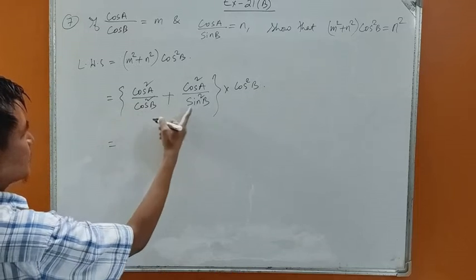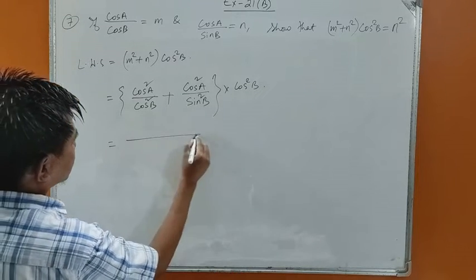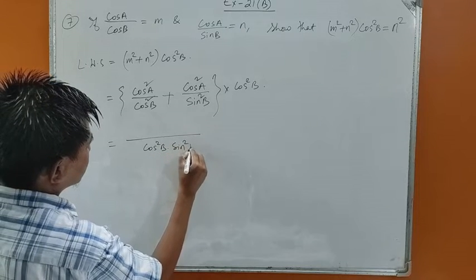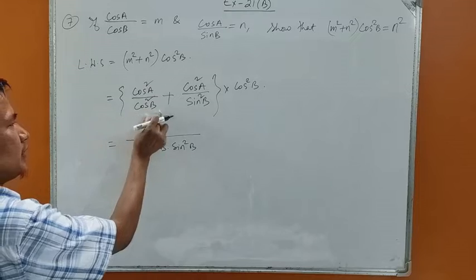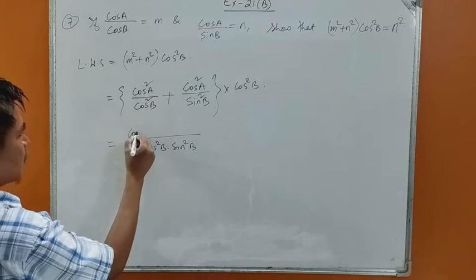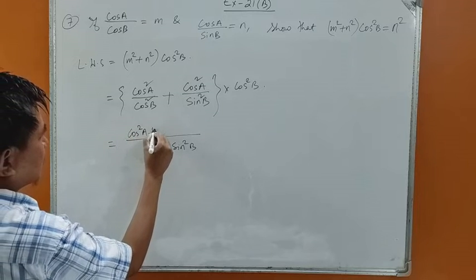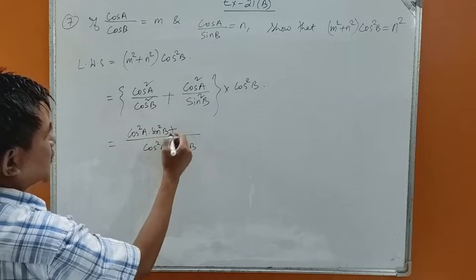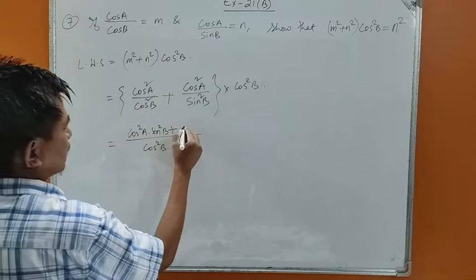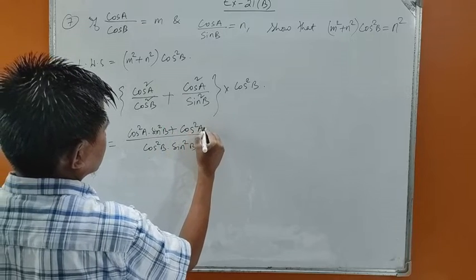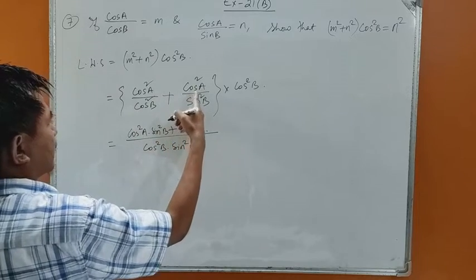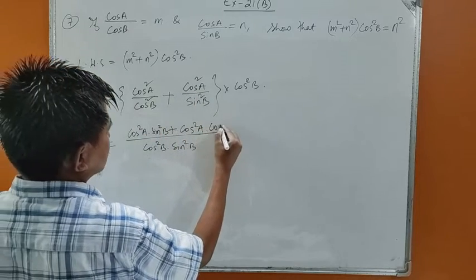So let's take the LCM of cos square b and sin square b. The LCM will be cos square b dot sin square b, isn't it? So sin square b into cos square a gives cos square a dot sin square b, plus cos square b into cos square a gives cos square a dot cos square b, where dot means into.